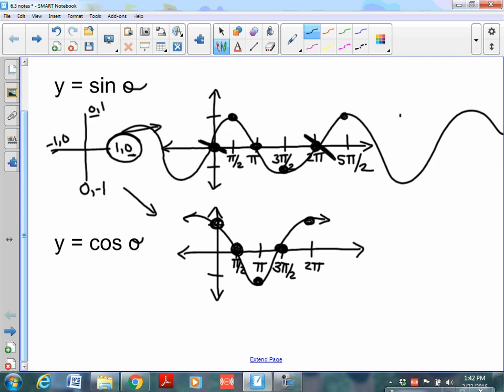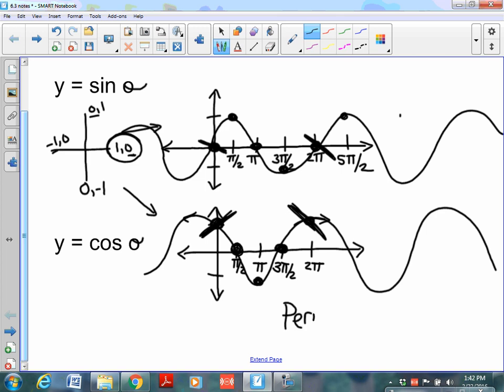So, okay, but does this continue like the sine graph? Could it keep going back and forth and so on? All I want is the beginning of 1 and the end of 1. Okay, here's some things. These are both periodic graphs. What does periodic mean? Repeats.